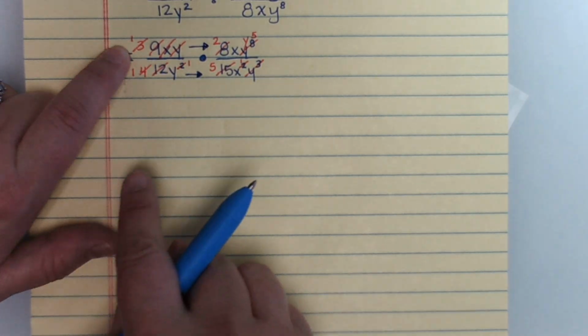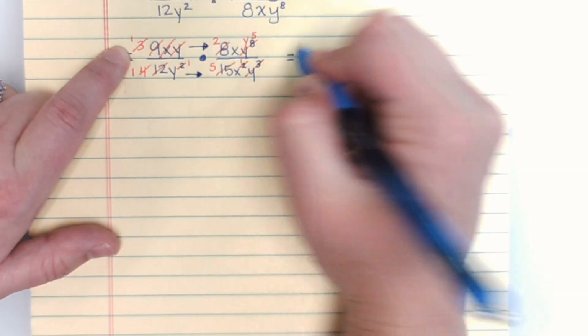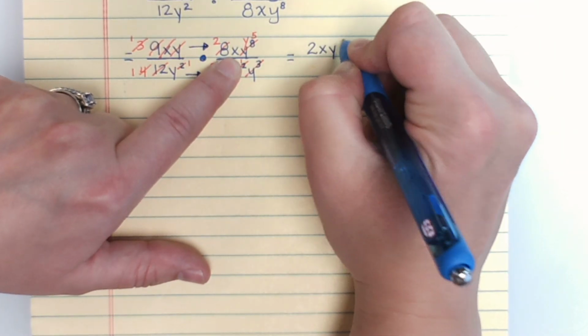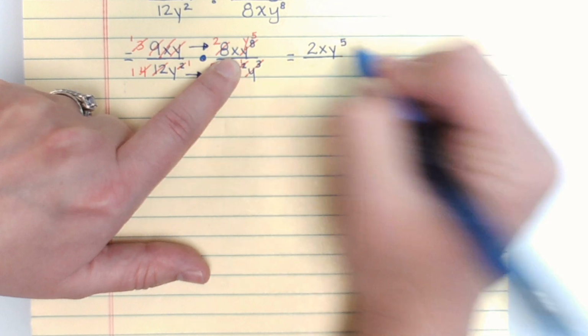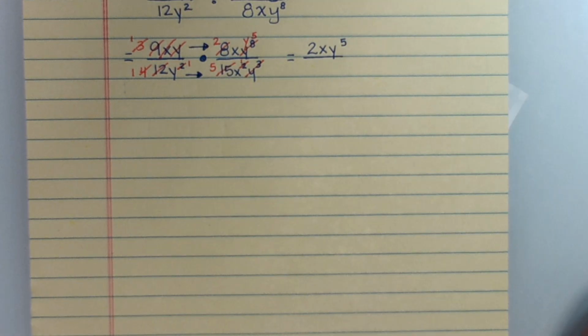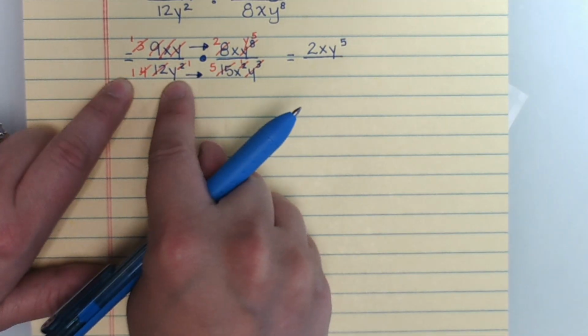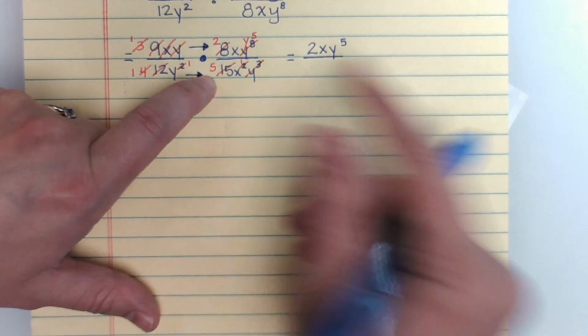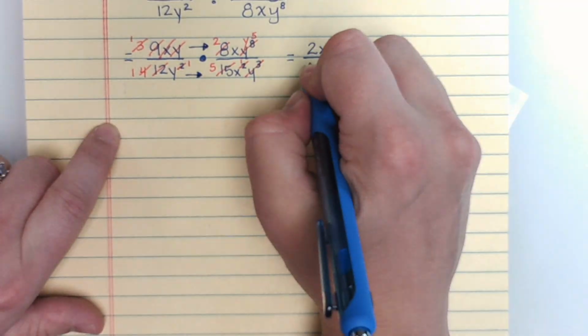I was left with a 1 getting multiplied by a 2x y to the 5th over 1y getting multiplied by 5xy. Well, the 1 times 5 is 5.